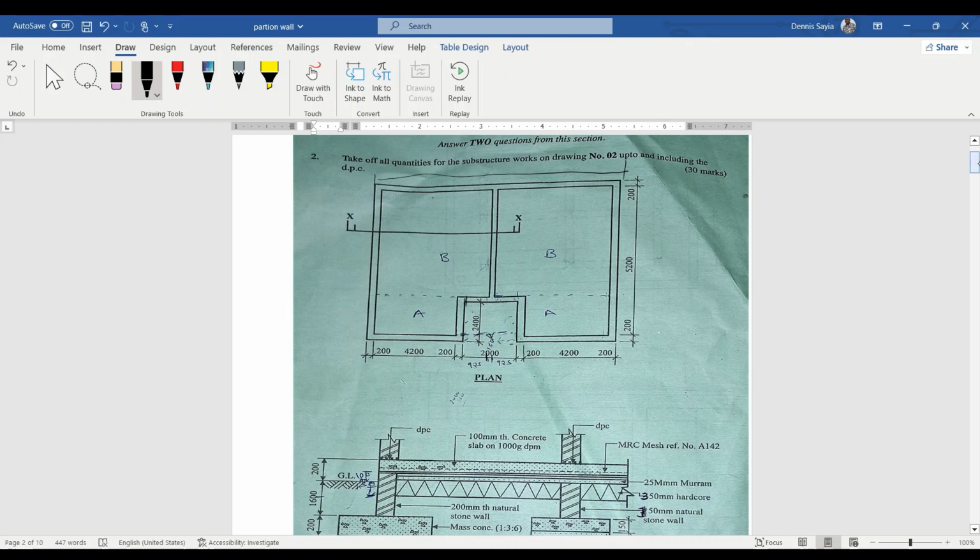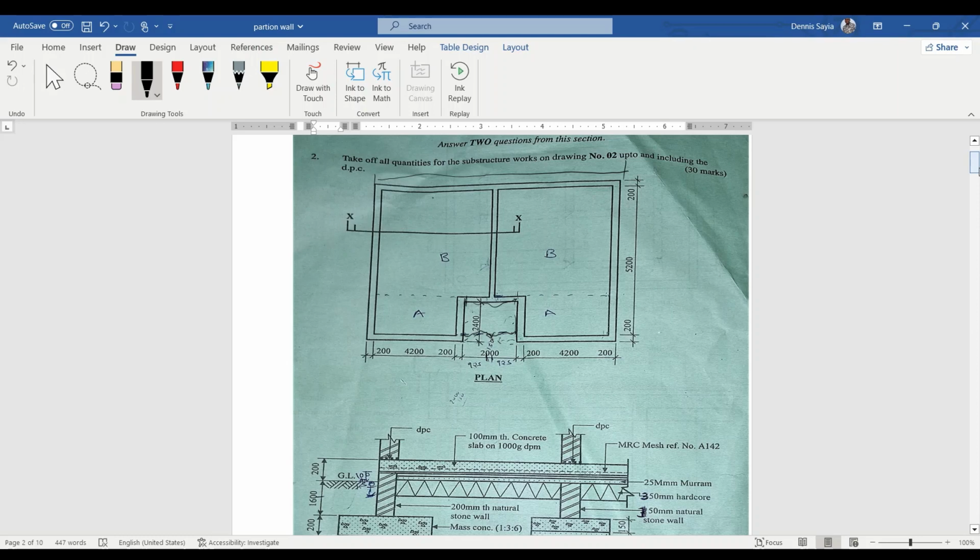But we need to deduct the void, that is this area. Now we need to deduct the void, that is from this point up to here is 2400. So from this point up to that point is 2400, and then from this point up to that point is 200.